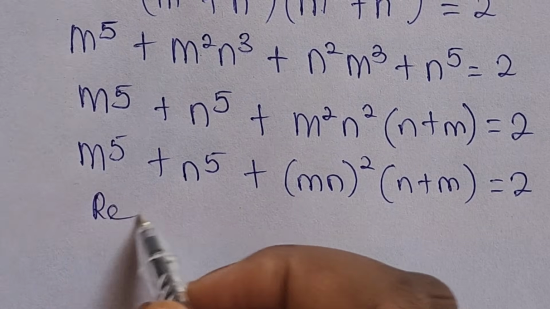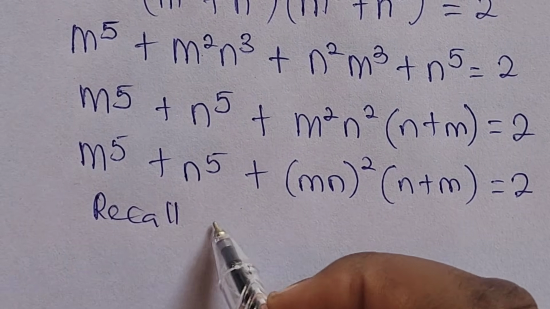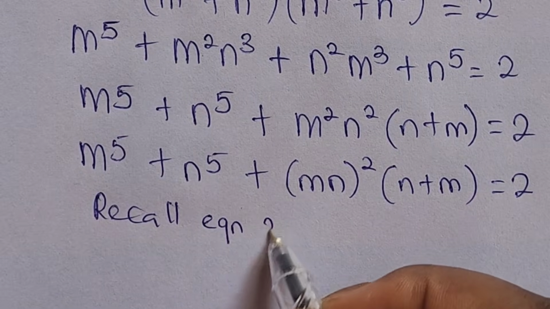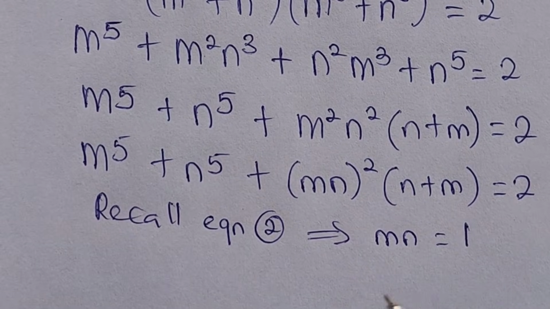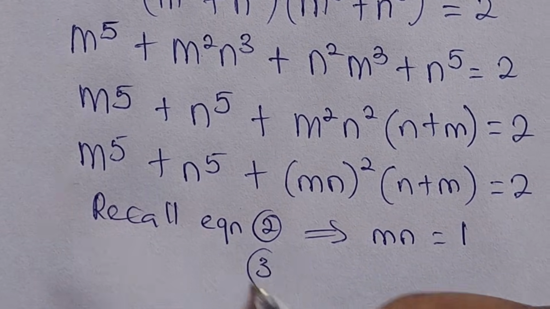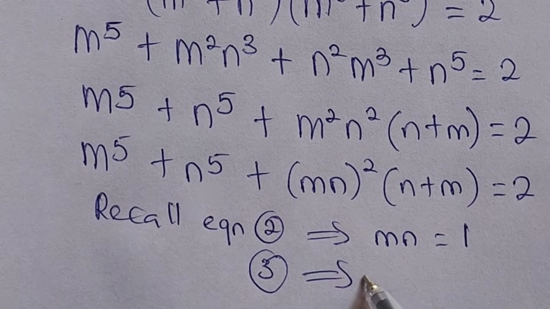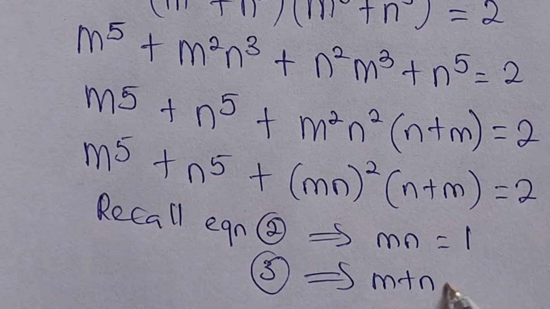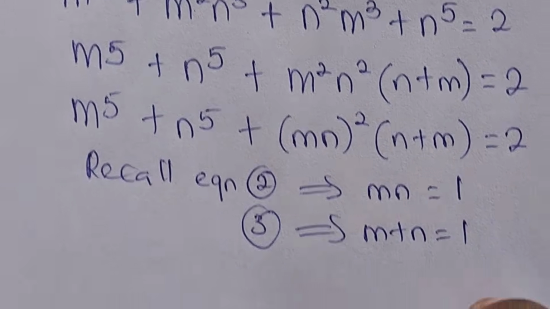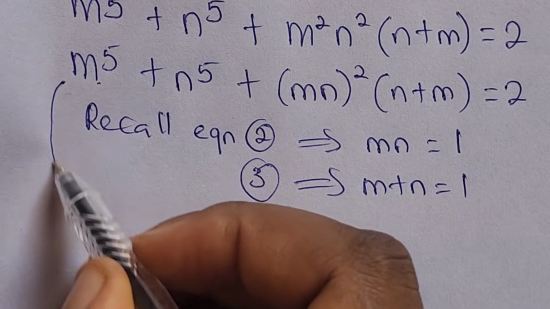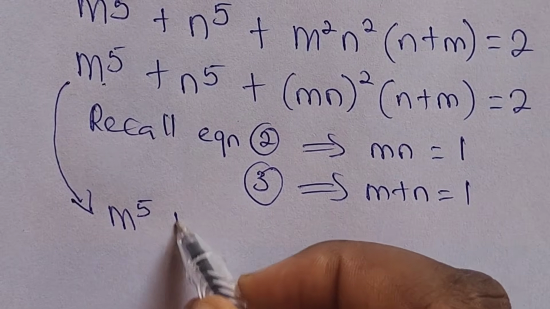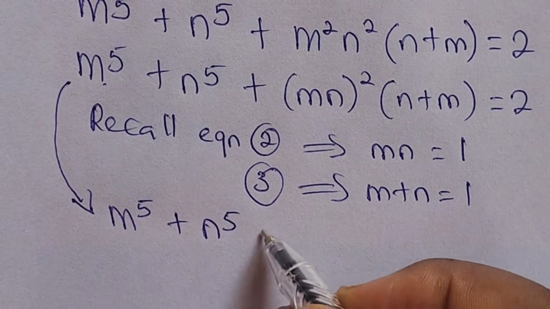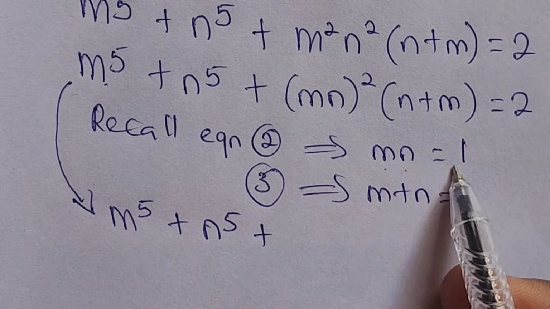But let's recall equation 2. We have that mn is equal to 1, and equation 3 we have that m plus n is equal to 1. So we have m to the power of 5 plus n to the power of 5 plus our mn is 1.